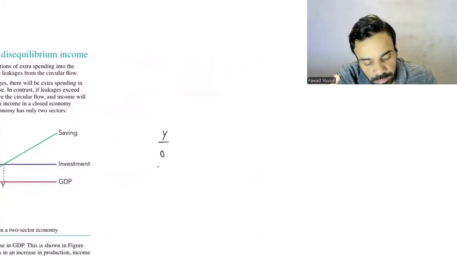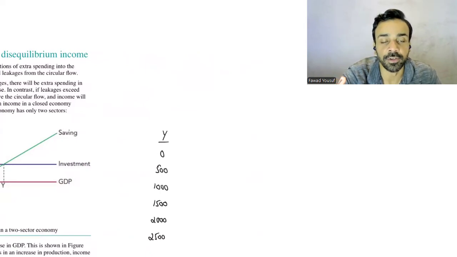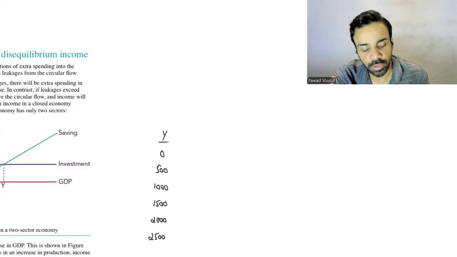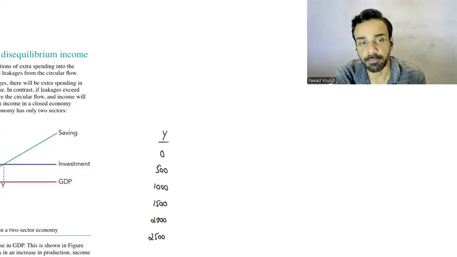We take a look at various national income levels of the economy, suggesting that if your national economy is worth 0 versus 500 if it earns 1,000, think of it on a very micro level that an individual has 0 income, has 500 income, has 1,000 income, 1,500 and so on. That's from an individual's point of view. Otherwise, these are the numbers of a whole national economy.